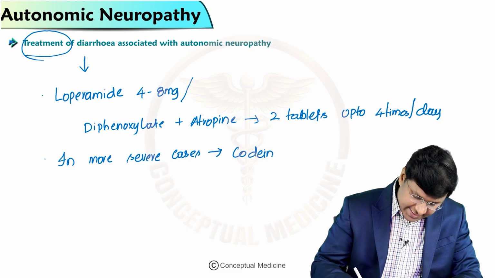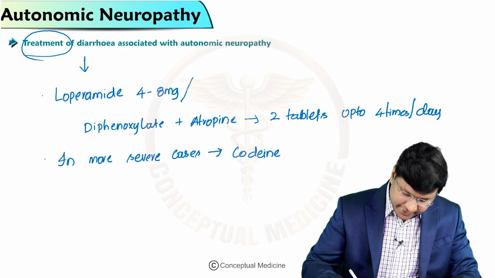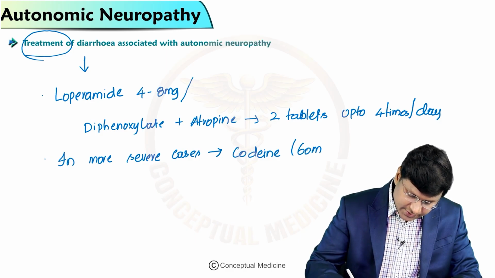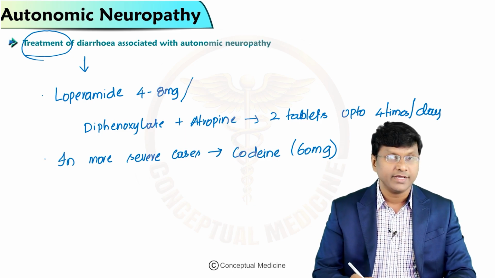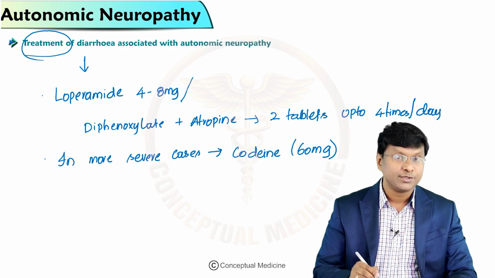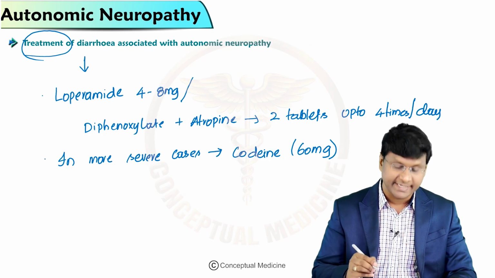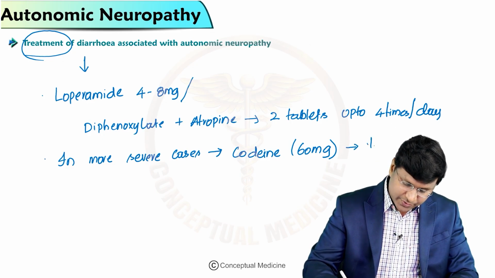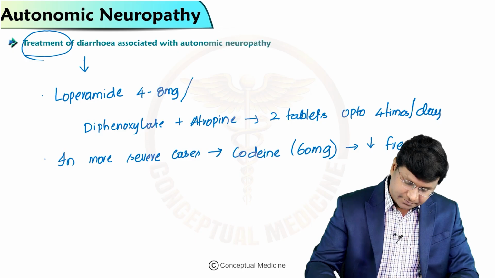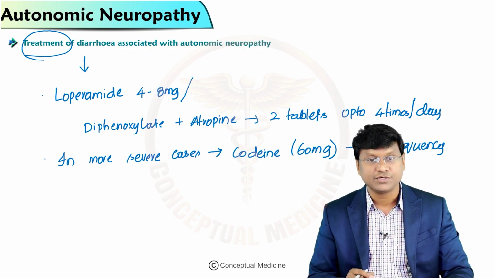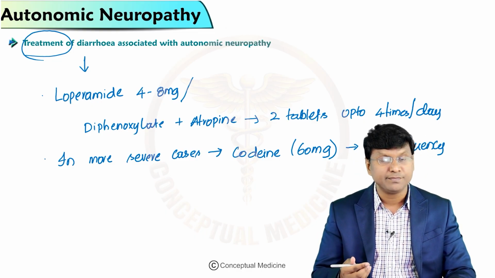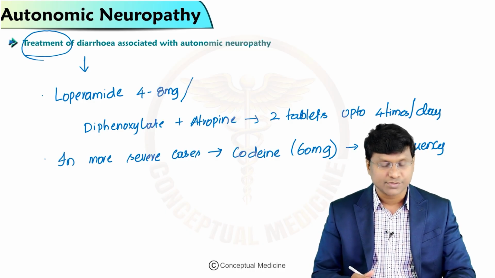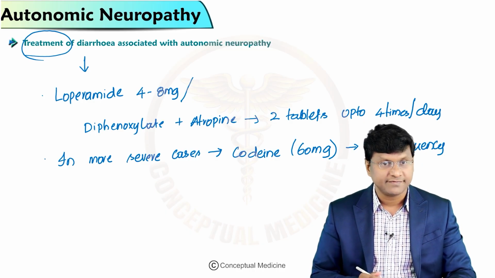Codeine is an antitussive drug, and the dosage of this particular codeine is a 60 milligram tablet. This codeine is given to reduce the frequency of the diarrhea, and not only will it reduce the frequency of diarrhea, it will also improve the consistency of the stools. That is about your codeine sulfate.